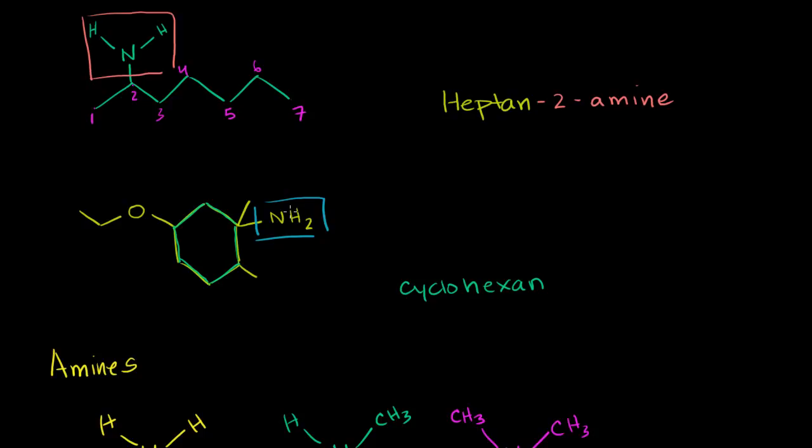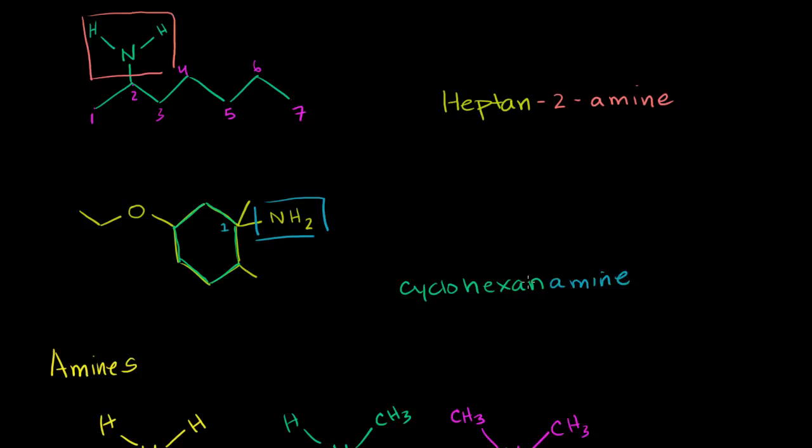Another thing to think about is you could say this is going to be the one carbon, and so you could call this cyclohexane-1-amine. But in general, if this is defining it, you always assume that you're going to start numbering right there at number 1. So you could just call this cyclohexanamine.